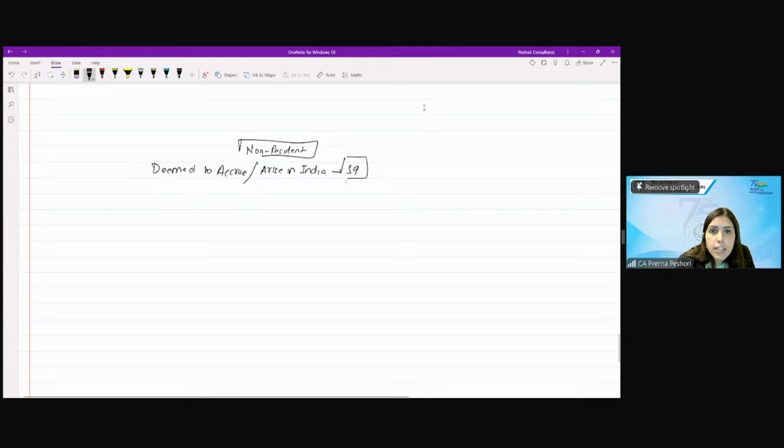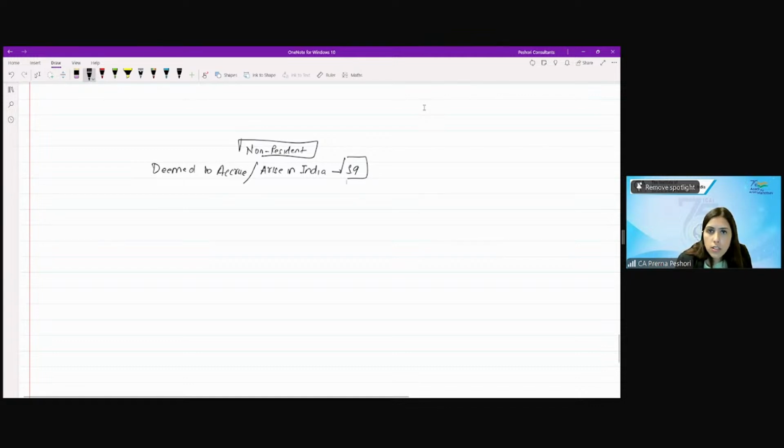For a resident, section 9 is relevant or not? For a resident, is this section relevant at all or not?